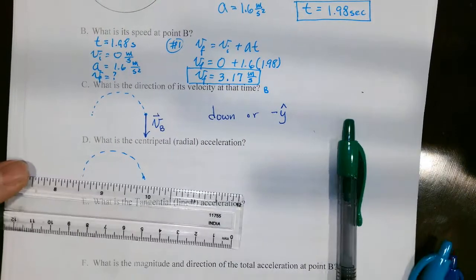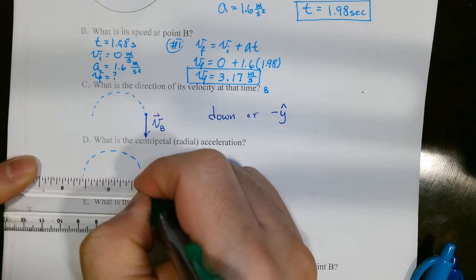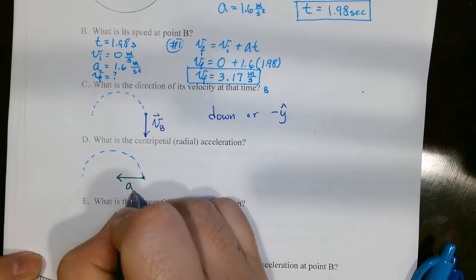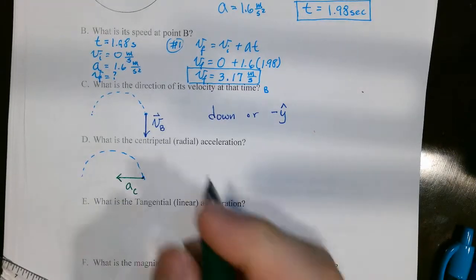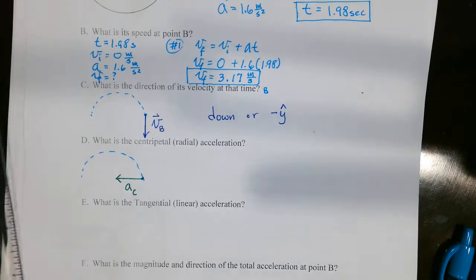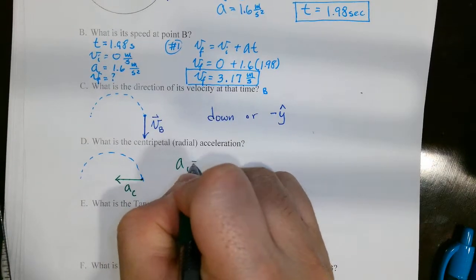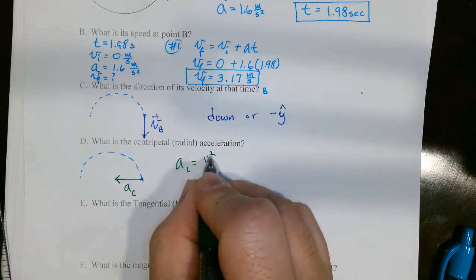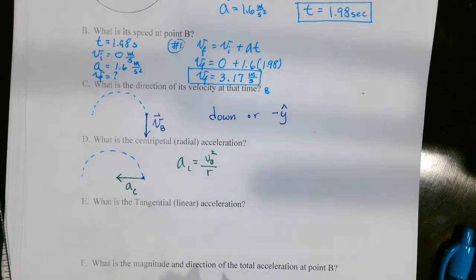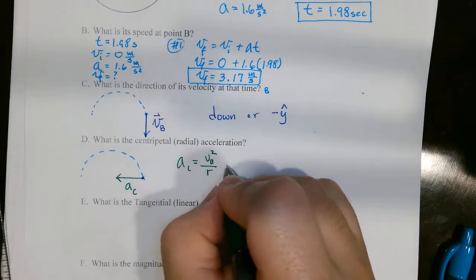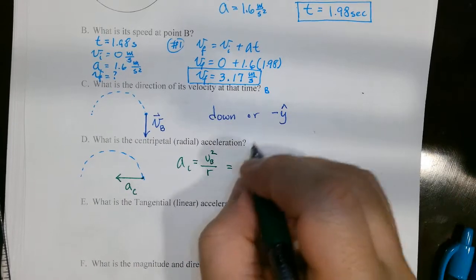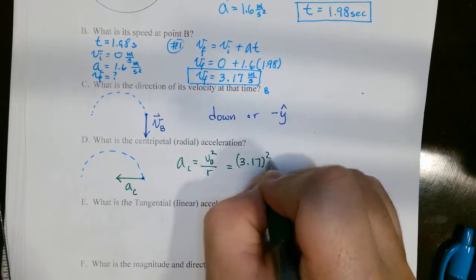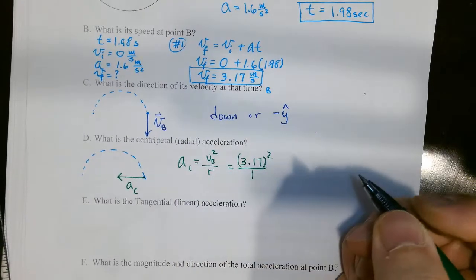Well, radial acceleration is in this way towards the center, so A sub C. And A sub C is equal to V at point B squared over R. And that is 3.17 squared over R, which is 1.